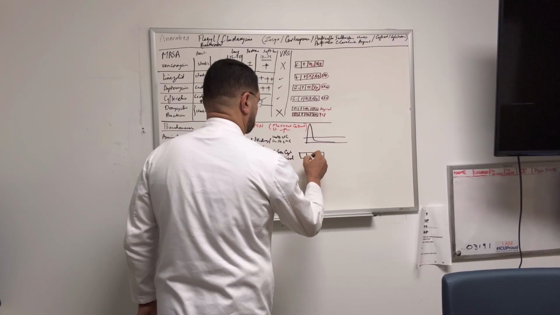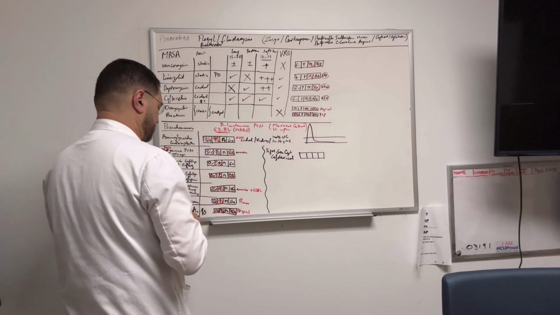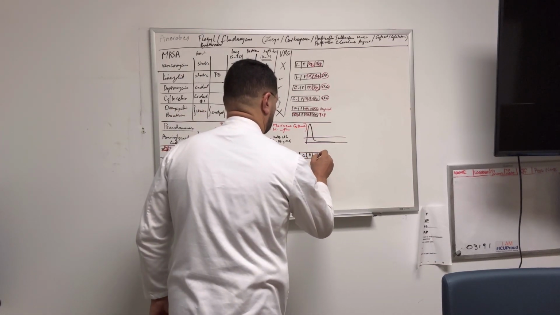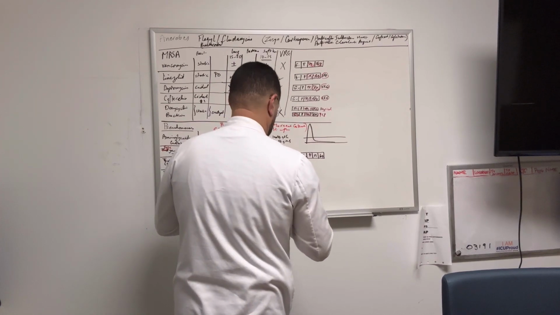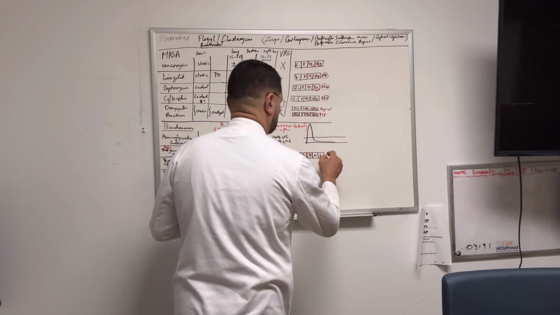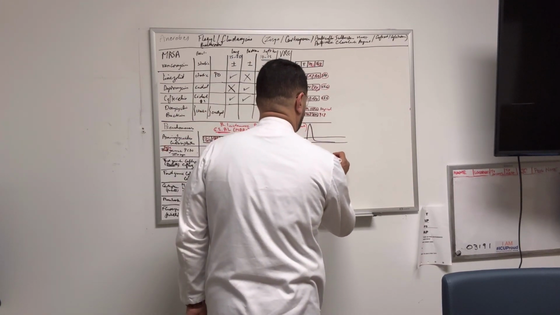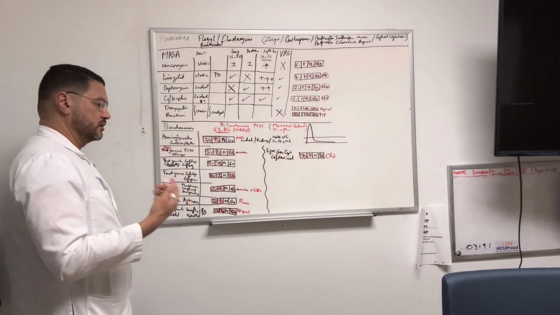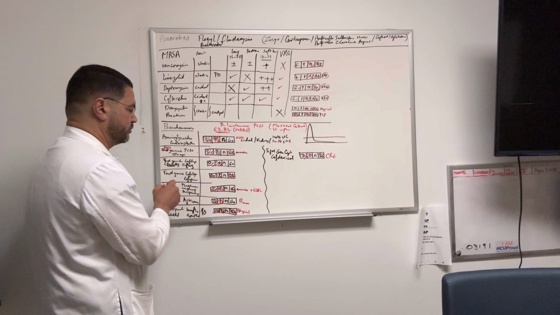It kills everything, but it kills something that is becoming a problem recently. So Pseudomonas gram-negative, MRSA gram-positive, and also CRE. This is an organism that developed because of the use of antibiotics and started becoming carbapenem-resistant Enterobacteriaceae.